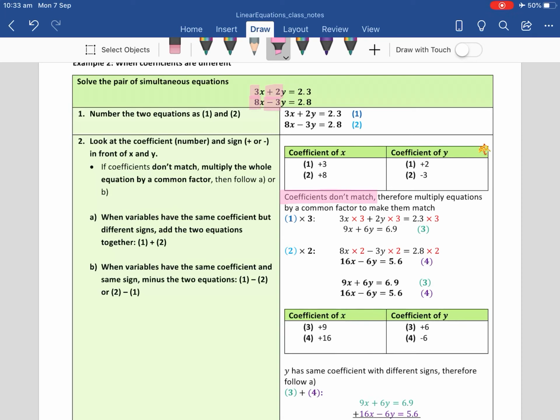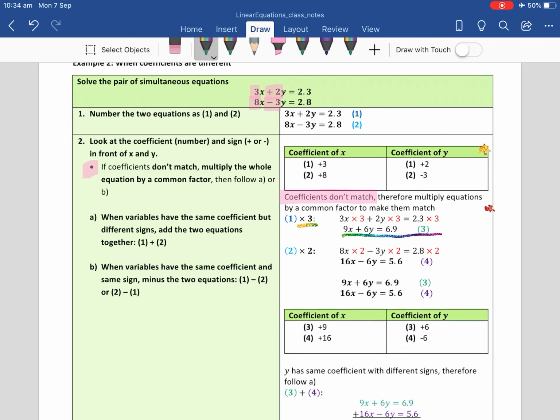Looking over here, if coefficients don't match, you multiply the whole equation by a common factor. For this one, what it's doing is multiplying equation 1 by 3. That means every term needs to be multiplied by 3, which you get here.